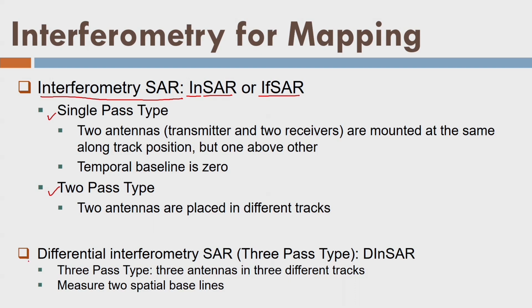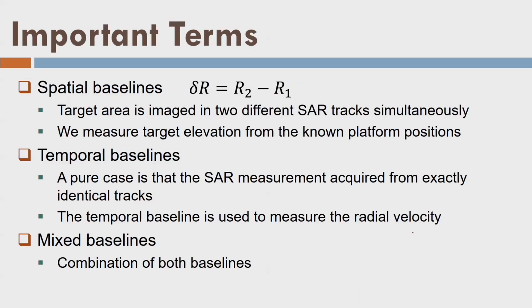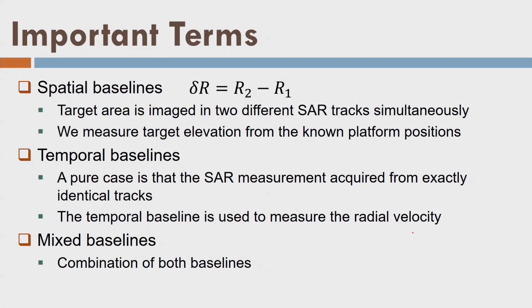And then we have another mode called differential interferometry SAR, that is 3 pass type, also called DInSAR. Before we go into the single pass, 2 pass and 3 pass types, or the differential DInSAR, IFSAR or InSAR, let us first look into the important definitions or important terms here.